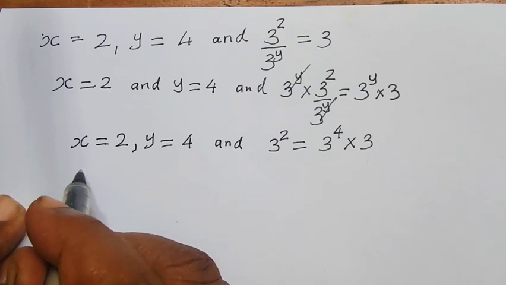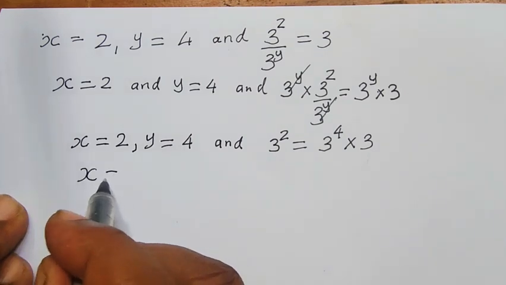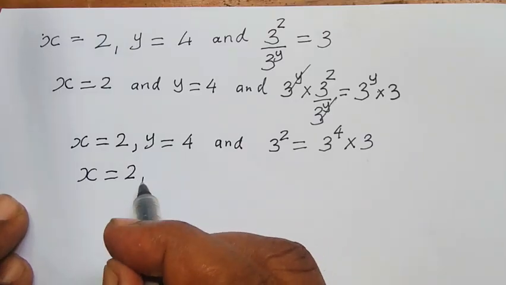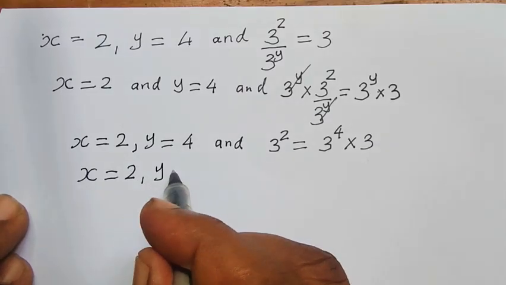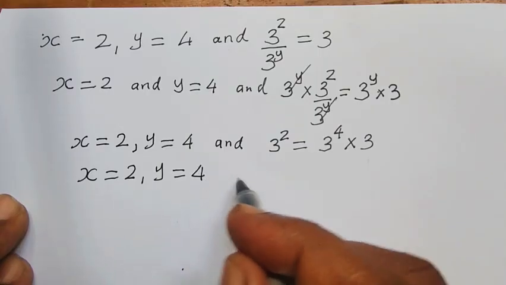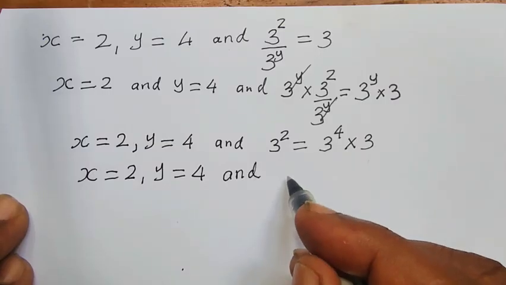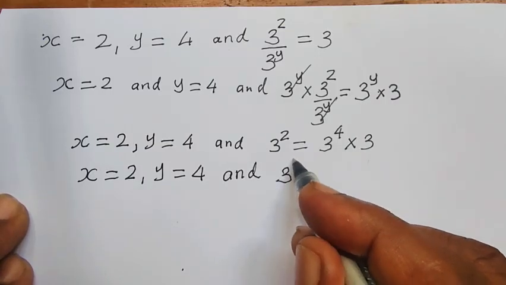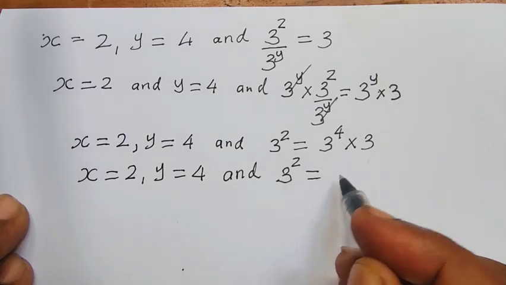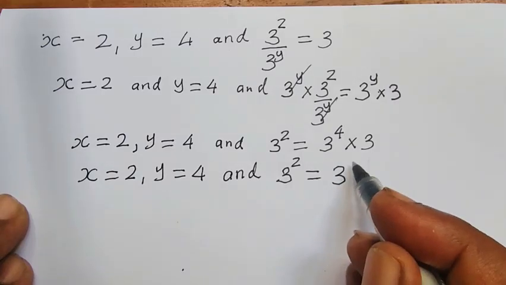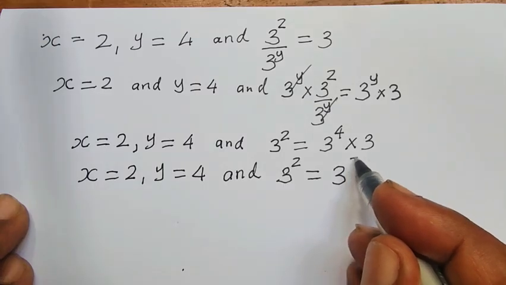So we have x equals 2, y equals 4, and 3 raised to power z equals 3 raised to power 5.